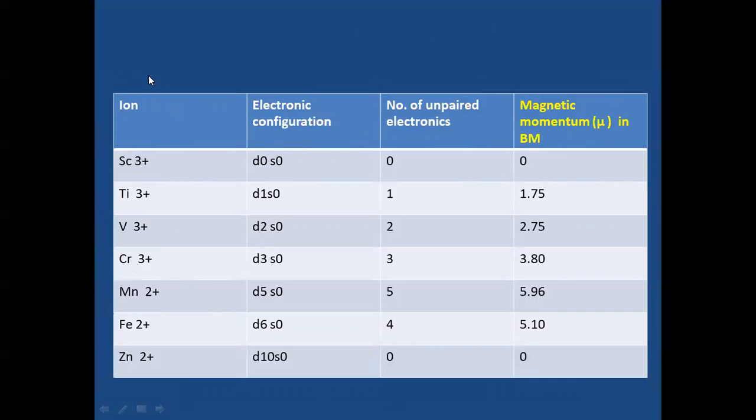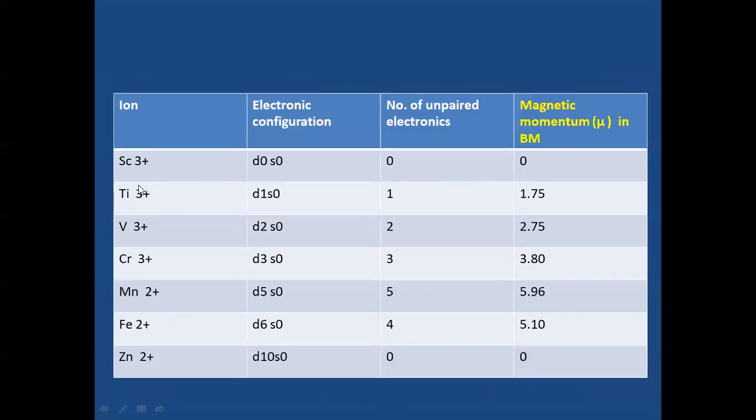First, let us consider the ion Sc3+, scandium ion having 3 positive charges, means it lost 3 electrons. When it lost 3 electrons, it has 18 electrons, means all are paired just like argon. Now, the remaining electronic configuration of the last orbit will be d0, s0. There is no unpaired electron, no electron at all. Therefore, 0 electrons means root of 0 is 0.